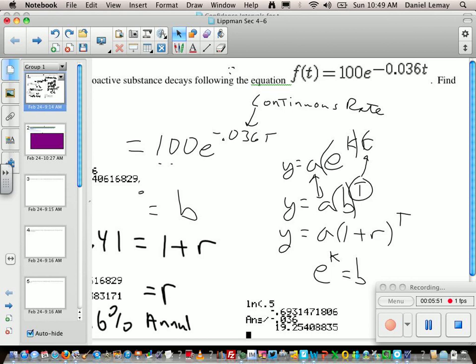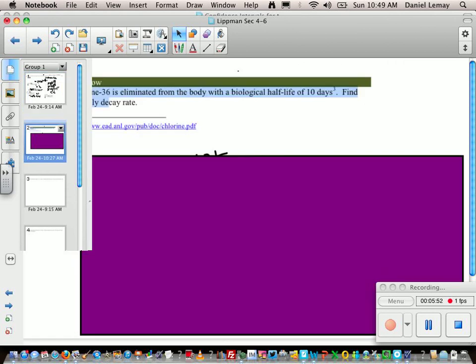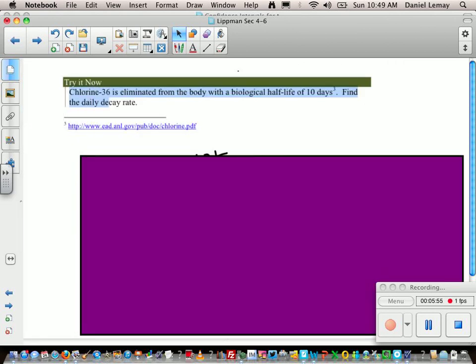Okay, this next problem then is kind of just like what they told us. They told us the half-life is 10 days. Okay, so they're asking us to find the daily rate. So we're going to pretend that daily rate is just the annual rate. So we aren't going to have to do anything too tricky with this. So the first part of this process is you're going to have to find the k, right?